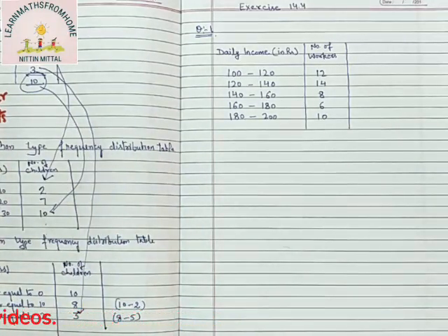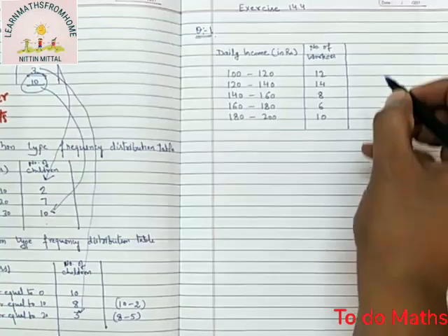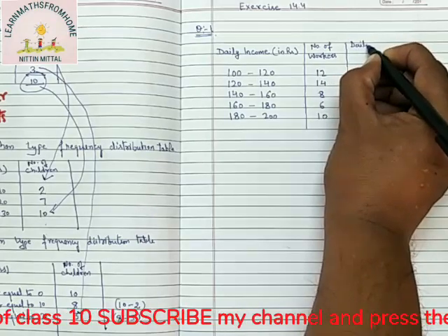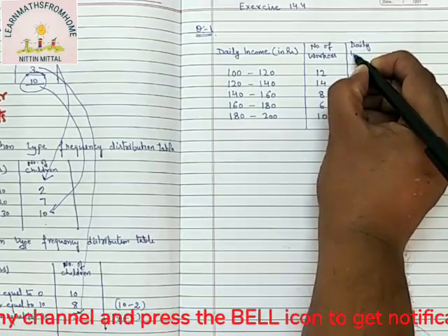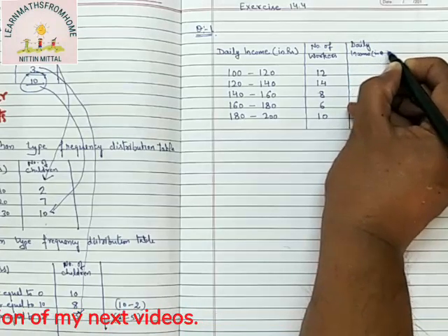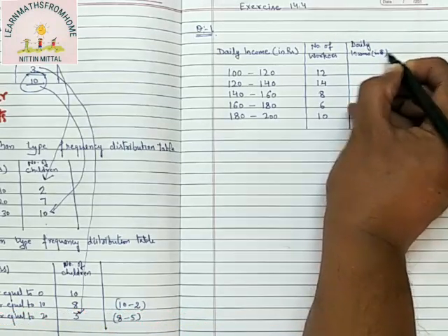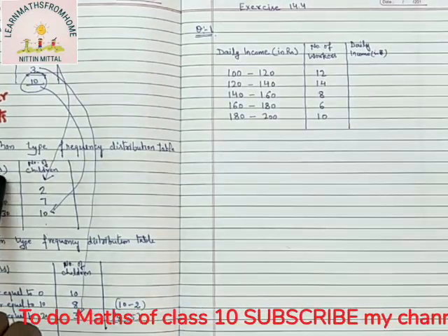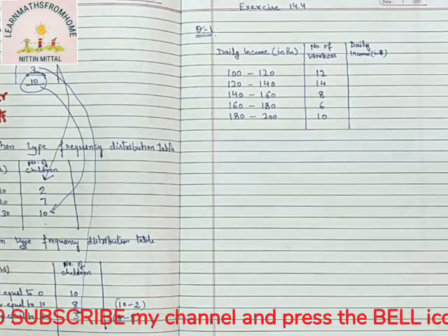So, students, the heading will remain the same, that is daily income in rupees. In less than type, what was the rule? We have to choose the upper limits, right?